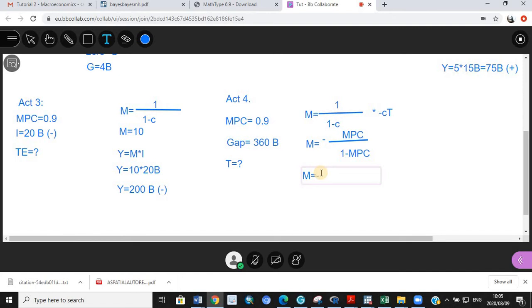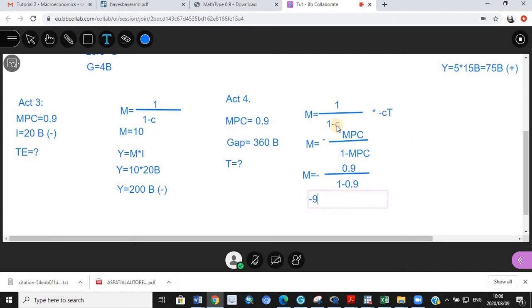So our multiplier is going to be equal to minus 0.9 divided by 1 minus 0.9. In this case it's going to be 0.1, and this is going to be equal to minus 9.